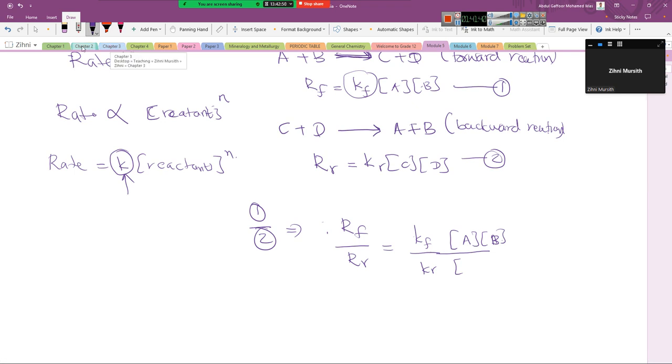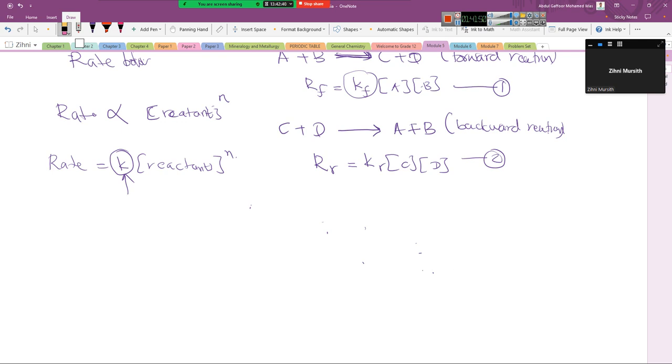Now if I write this way you can easily understand, okay? Now if I divide the second equation by the first equation, how can I write?